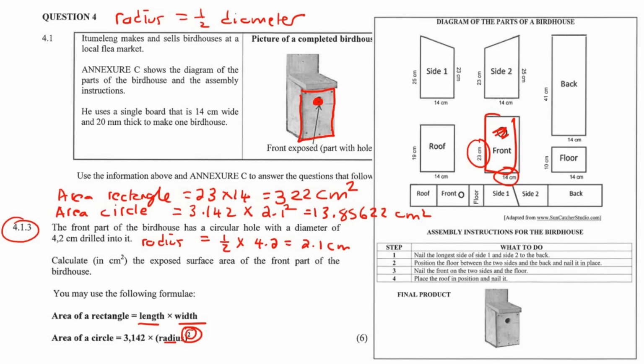There's nothing there. So we need to take that away from the 322 to see how much area we actually have over there. Okay, so what we can then do is just say 322 take away 13.85622. And that's going to give you 308.14 centimeters squared.